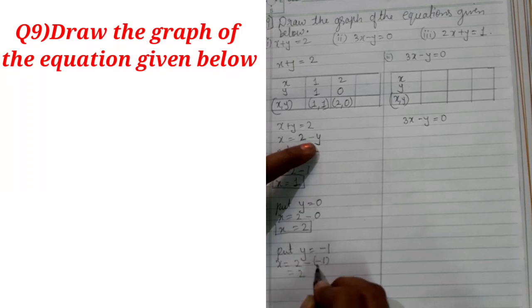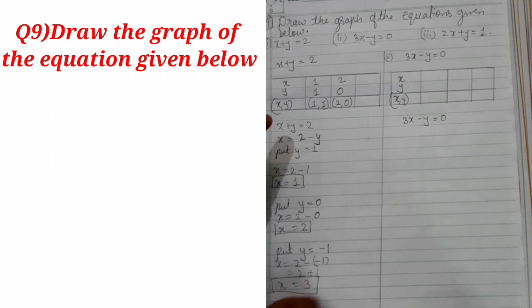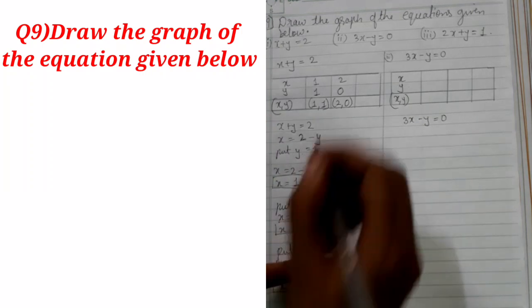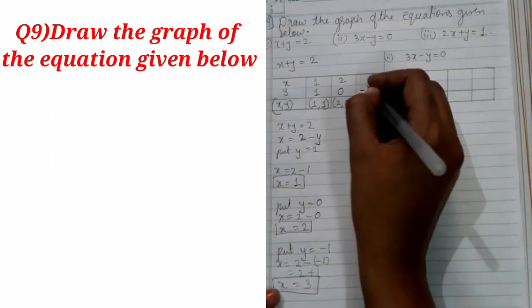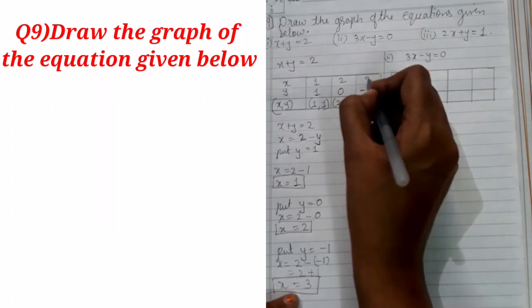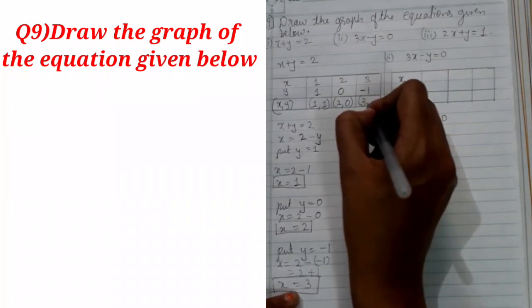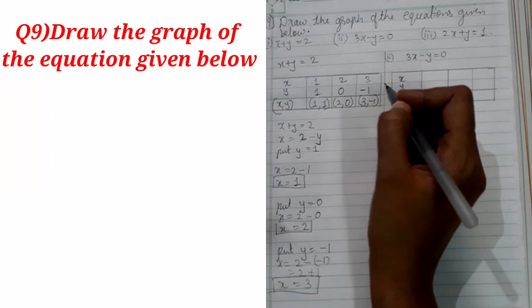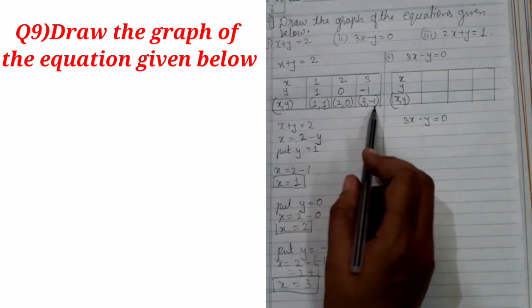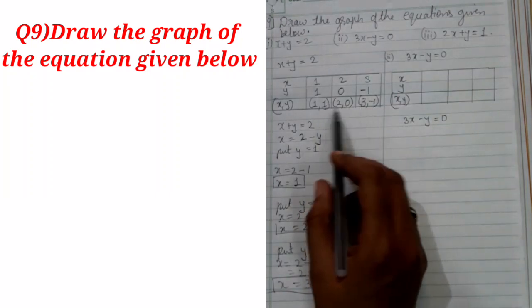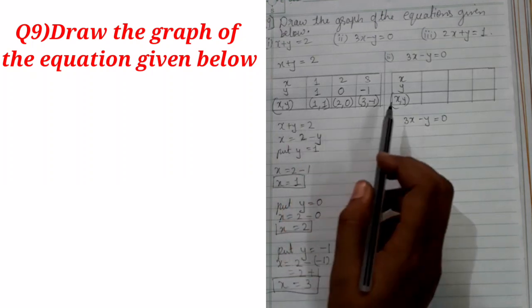So 2 minus minus 1 is 2 plus 1, which became 3. The x value came 3. If y is minus 1, x is 3. So 3 comma minus 1. With the help of these coordinates, we will draw a graph. It should be a collinear line.